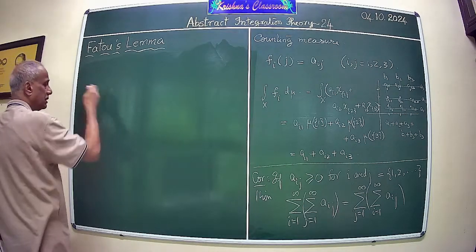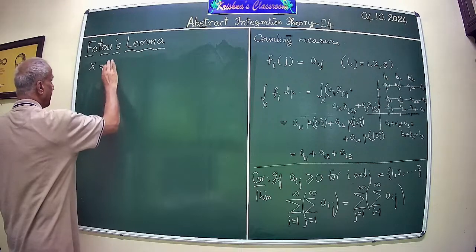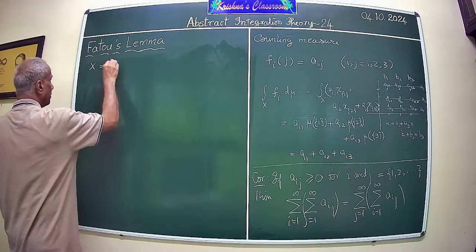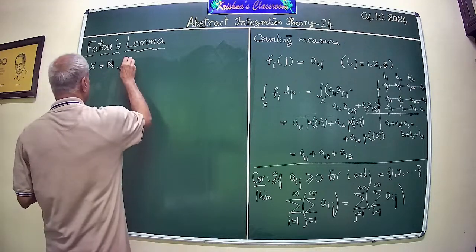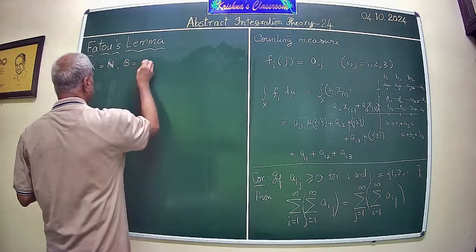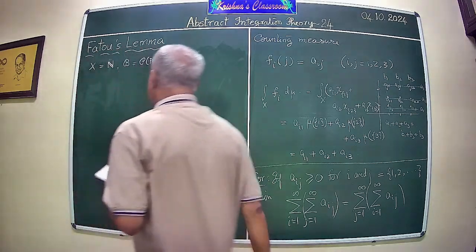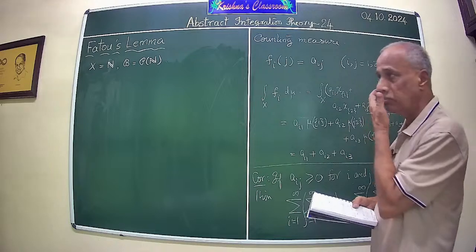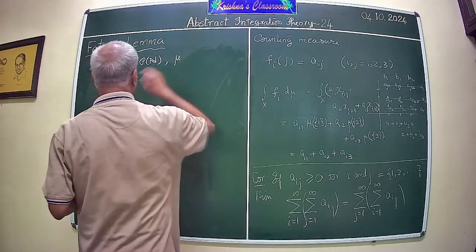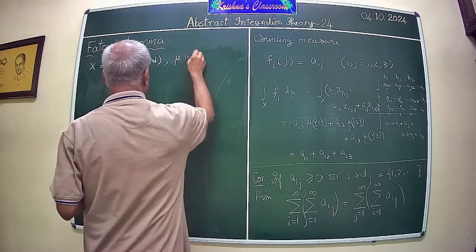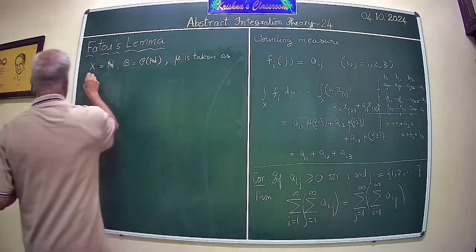So it's the following: X is taken as N, the set of natural numbers, and on that you take P as the set of all subsets of N, which is a sigma algebra, and mu is taken as the counting measure.